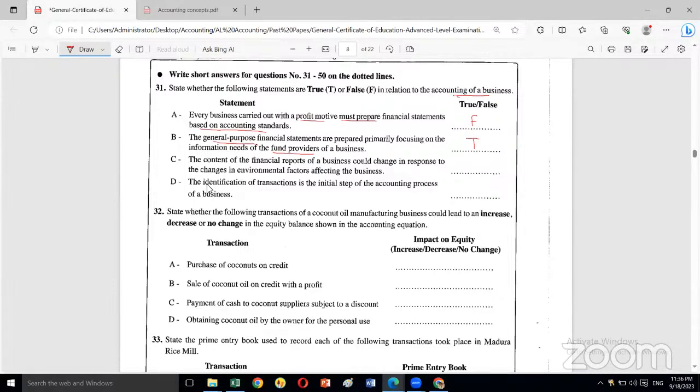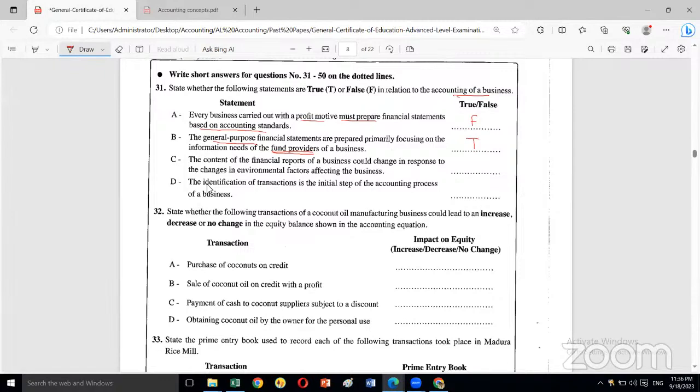We are preparing them primarily to provide information for our shareholders, the board of directors, the owners. Those people we call the fund providers. In addition, we are preparing for other people also.